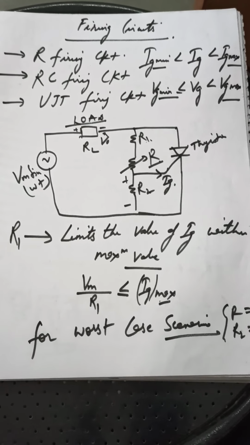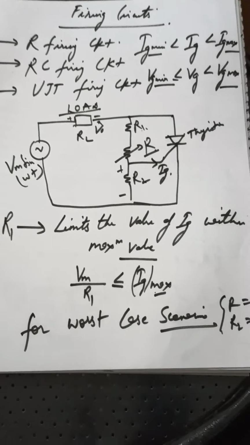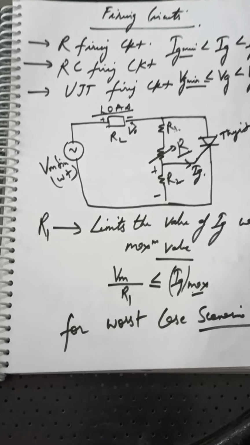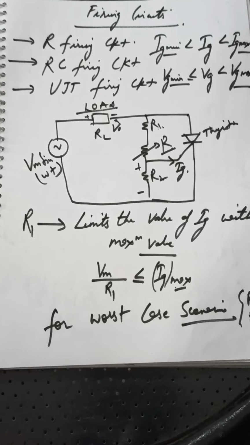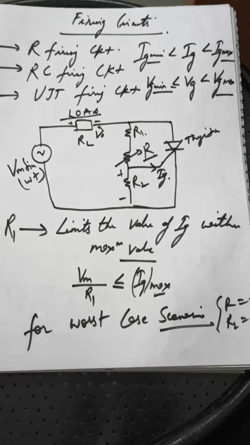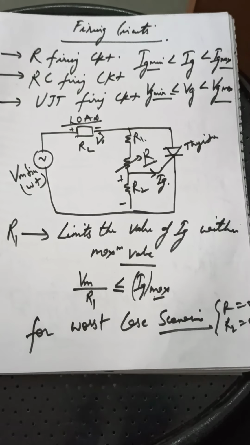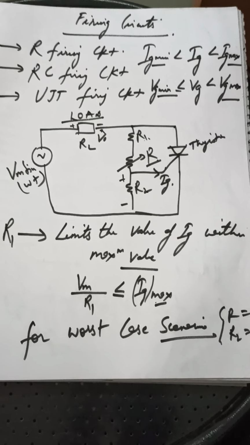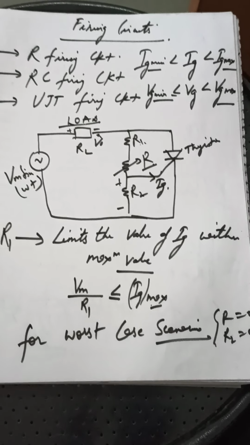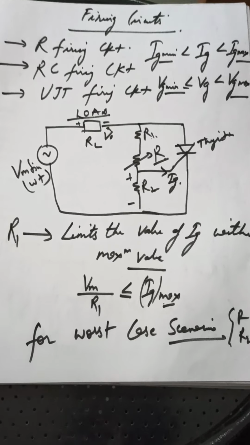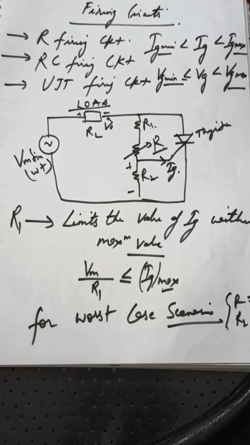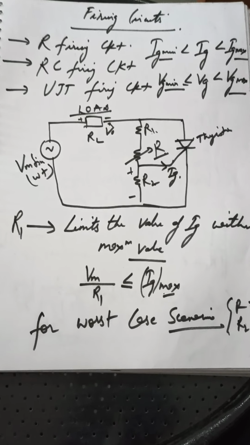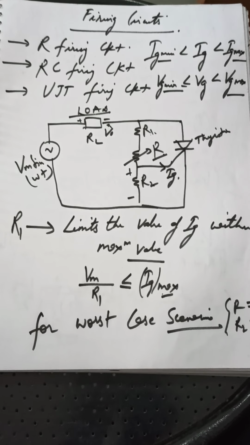As the name itself implies, in the RC firing circuit, the resistance along with the capacitance will decide the firing of the element. And last but not the least, the UJT firing circuit, in which a unijunction transistor will be used for controlling the firing. So let's have a look at the basic topology, or the basic circuit.